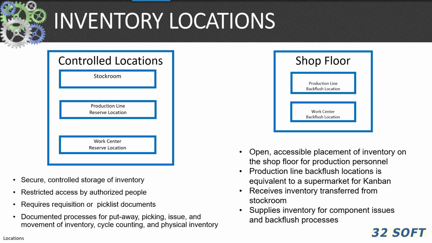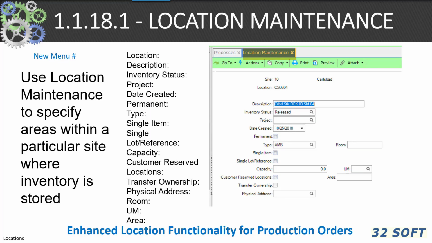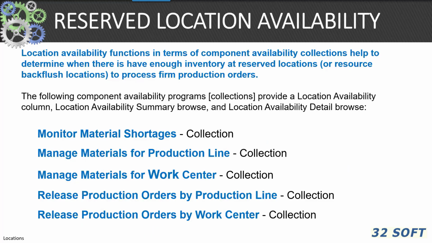You also have shop floor locations, both a product line backflush location and a work center backflush location. Here's one of the new menu items. This always confuses me: 1.1.18.1. This is where you define your locations, where you're going to stock inventory. You want to pay attention to your fields in Location Master, because this affords you a great deal of enhanced location functionality for production orders.